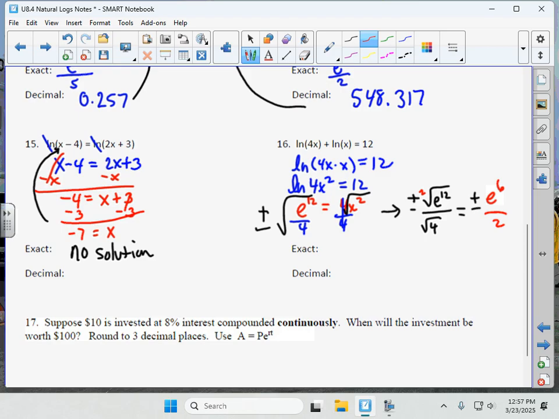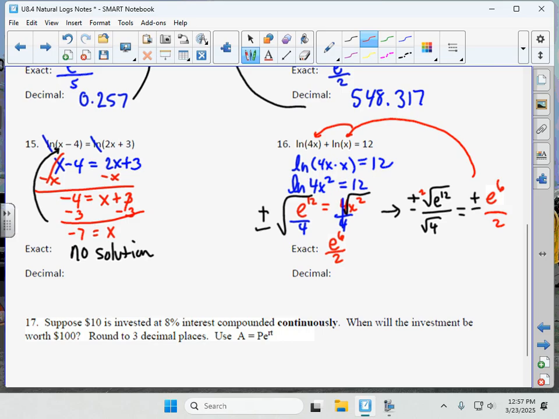Now, that means there's two possible answers, the positive one and the negative one. And so if you were to plug it in for x, plug it in here, plug it in here, you can see that the negative one is going to make it negative. So you can only keep the positive one. All right, so the positive exact answer is e to the 6th over 2. And then again, we get the decimal.